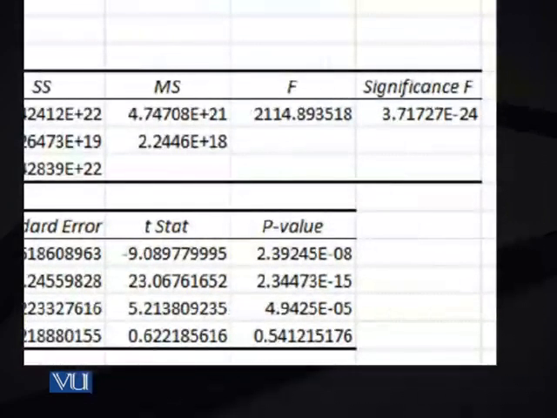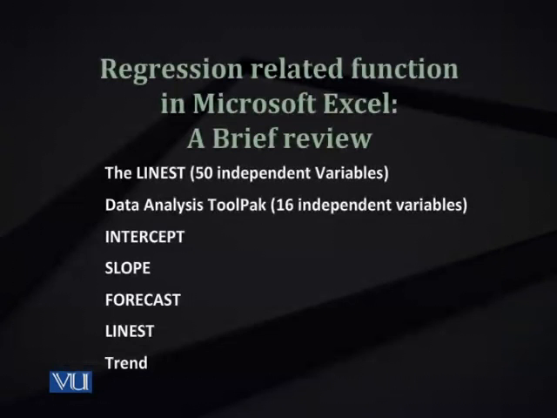And you can easily compare different coefficients, whether they are significant or not, based on their P values. Remember that the P value is the level of significance at which your calculated statistic is larger than the table standard statistic.